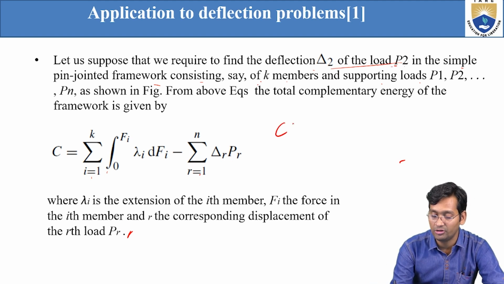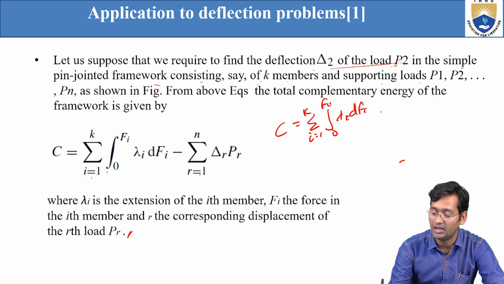So C equals sigma i equals 1 to K, integral 0 to Fi of lambda i dFi, minus delta 2 P2.